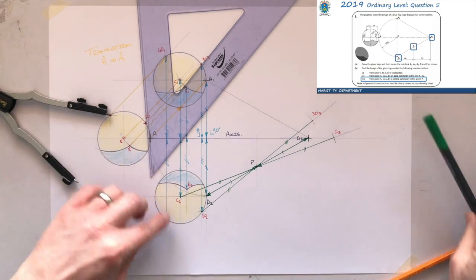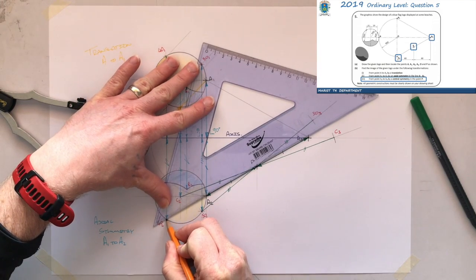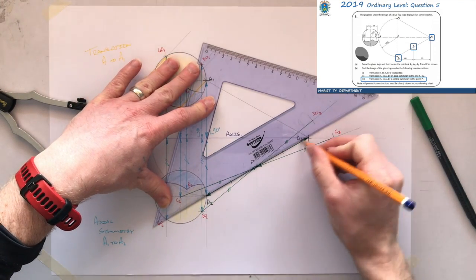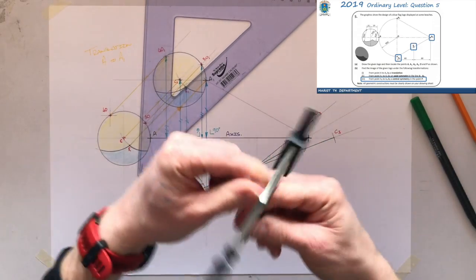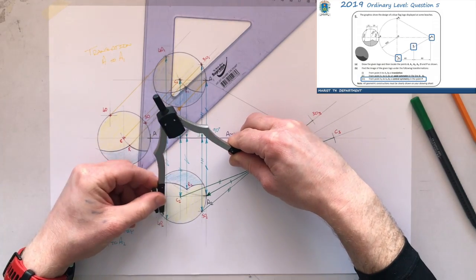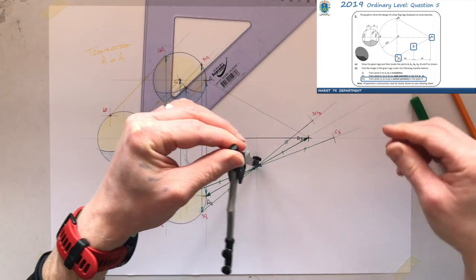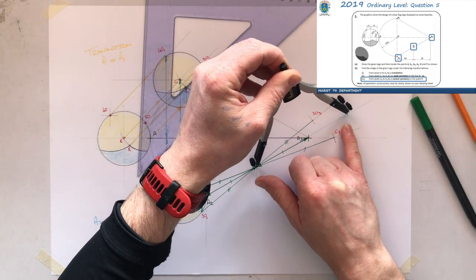Okay, next one is radius 40. So from radius 40 through point P, extend that all the way on, point the compass at point P, open it up to the radius 40, whatever that distance is, keep the point of the compass at point P, and it's the same on the opposite side.